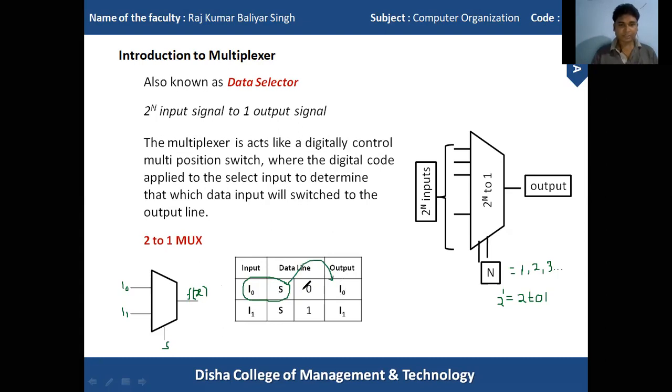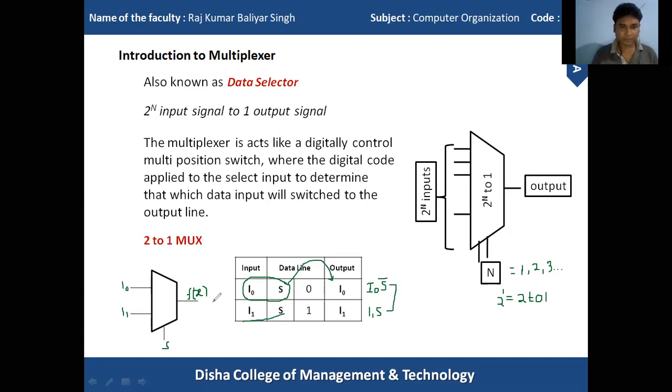For S equals 0, the f of x value will be I0 S naught, and for S equals 1, it is I1 S. So we are getting two functions for S equals 0 and S equals 1, but a multiplexer produces a single output line. So we have to do the OR operation of these two equations or two functions.